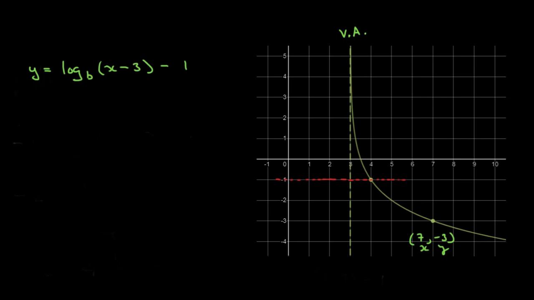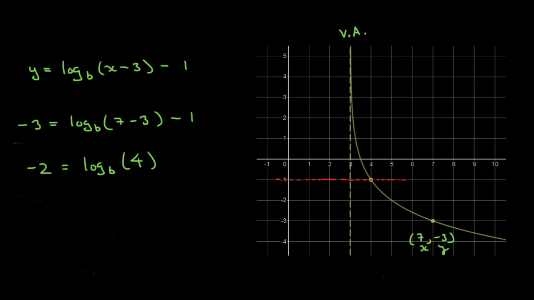So we need to output a -3 when we input x equals 7. So 7 minus 3 minus 1. So let's clean this up. We'll maybe add 1 to both sides. And then, of course, do that subtraction inside our logarithm, which is going to give us 4. So let's now go to exponential form.